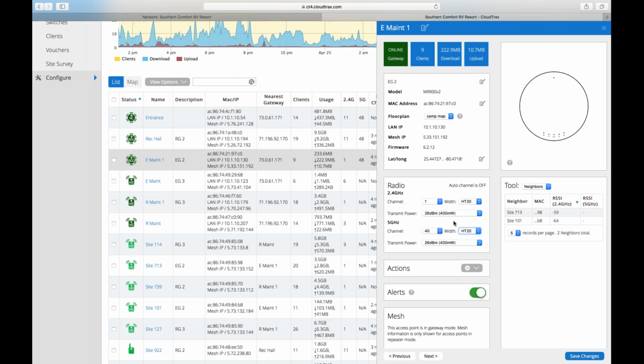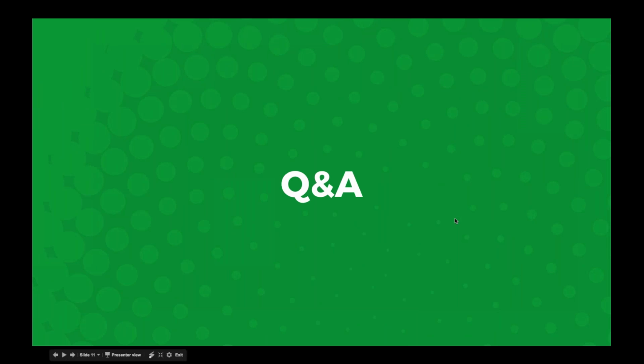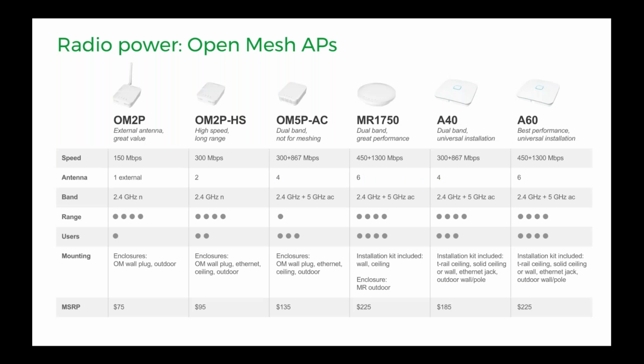All right. What is the typical client density per AP model? So I think he's asking how many clients per AP. Yeah, I think that's what we're going for. Let me go back to this slide here. We don't give a specific user count here because every environment is going to be different.